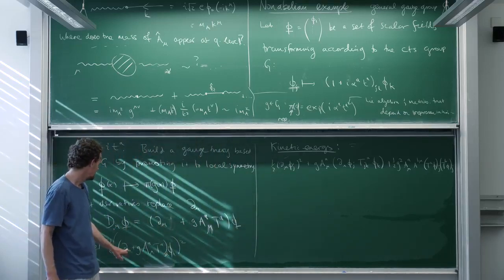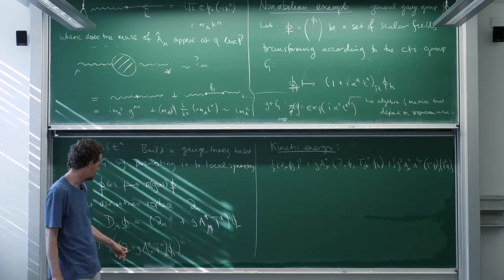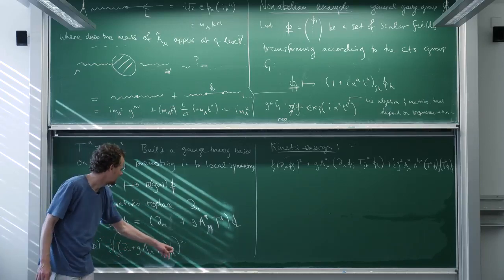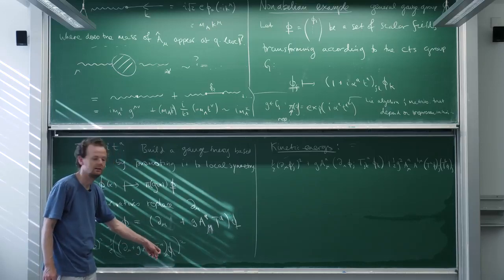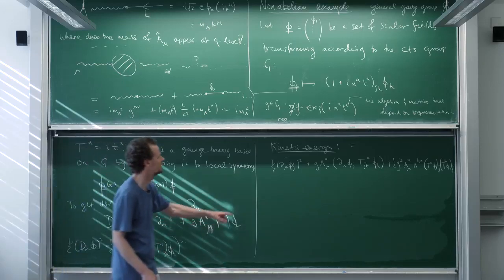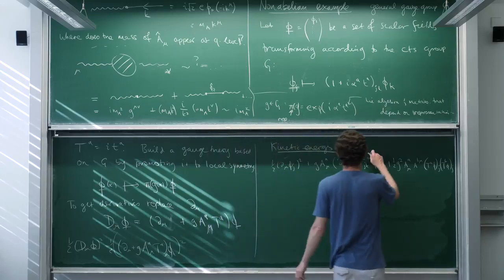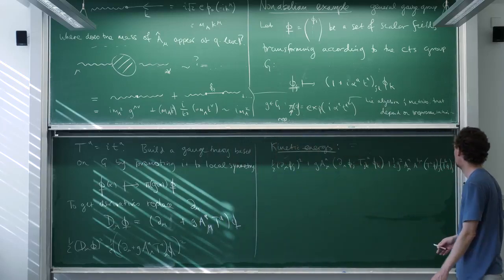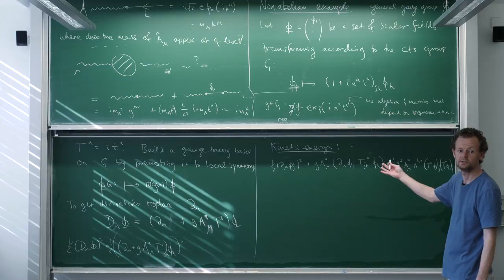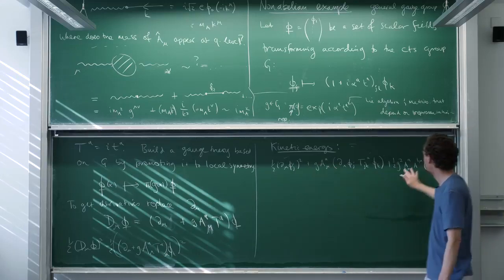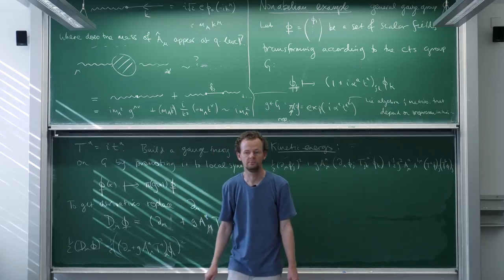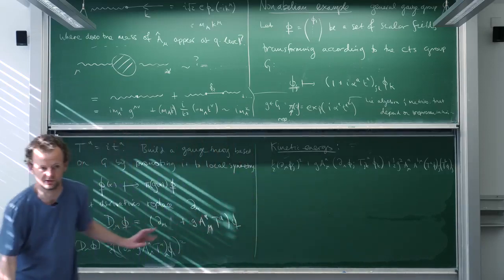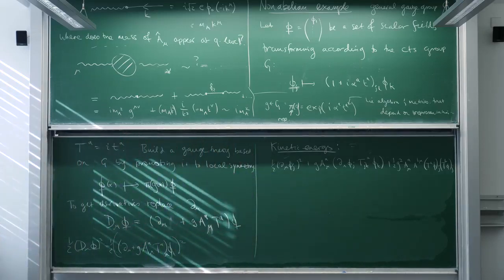Then we've got a cross term, for example, where we've got ∂_μ φ_j, and then we've got A_μ^a T^a_jk φ_k. Do we have that term over here? Yeah, we do, there it is. And we get that twice, so there's no factor of a half there. And we get a final term, which is just this term squared. So no magic or mystery there. It's just expanding out the square.